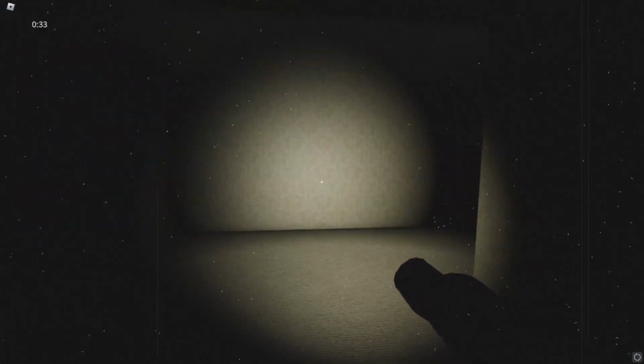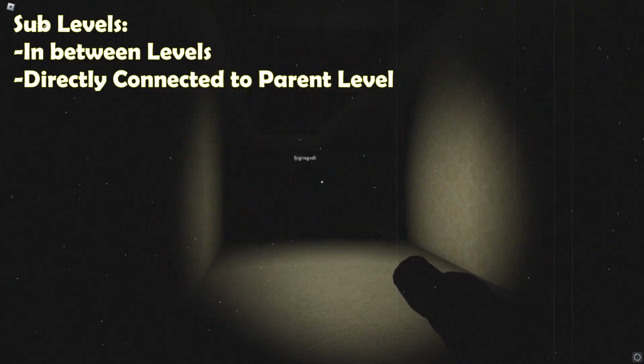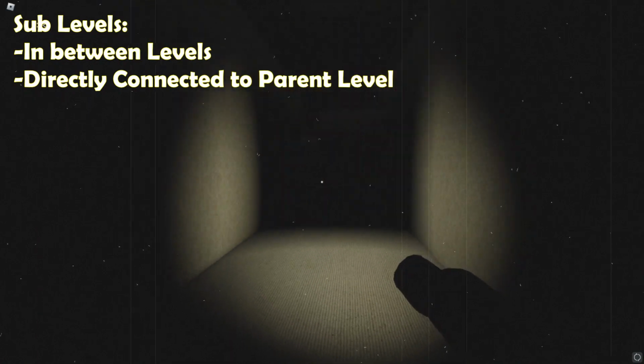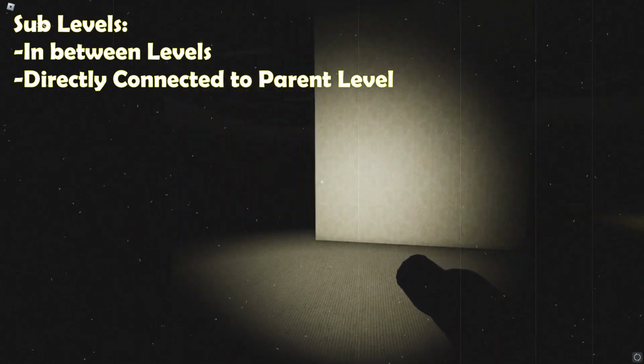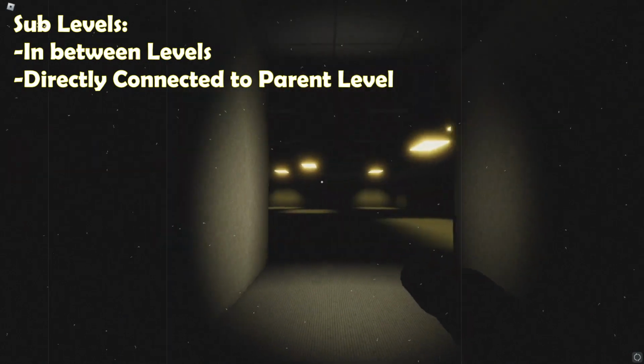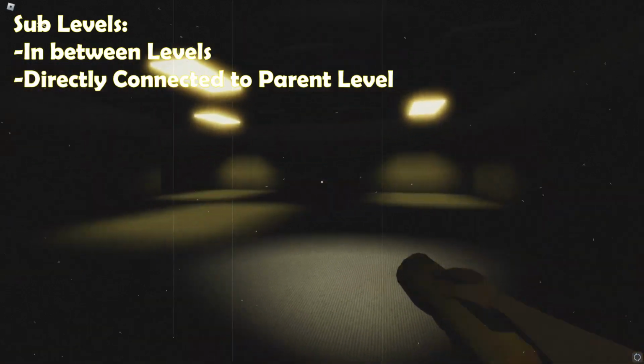The next type of levels are sub-levels, and sub-levels are basically the in-between levels and are directly connected to the parent levels, but they don't have any features that make them special, so they can't be put into their own level category. You can tell it is a sub-level by looking at the integer.